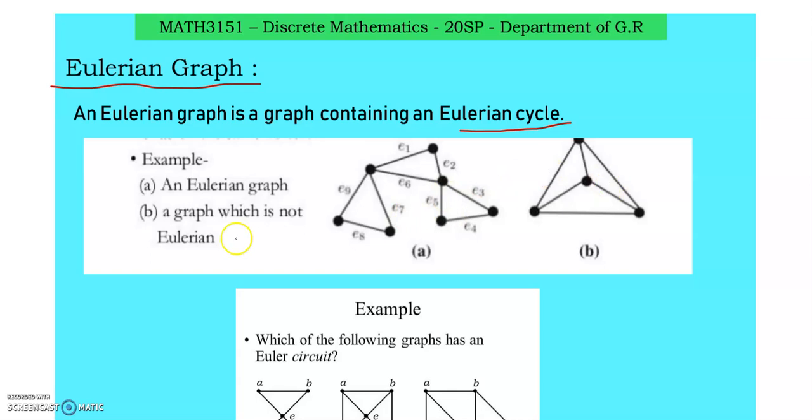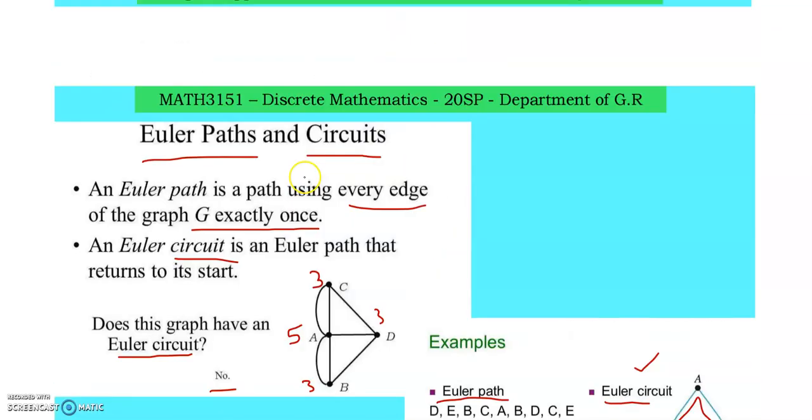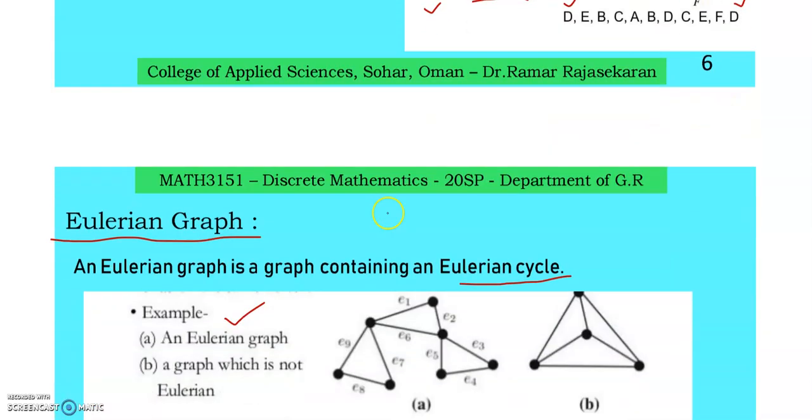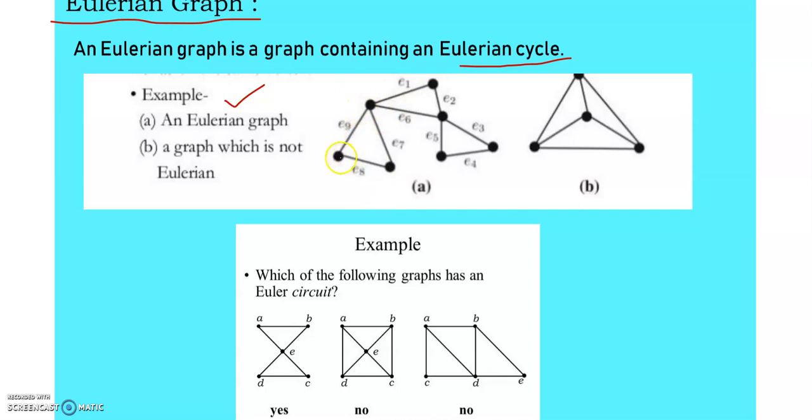Now you see the example. We have two graphs. The first one is Eulerian graph. The second one is not Eulerian. Eulerian graph means which has an Eulerian circuit. Now, what is the condition for an Eulerian circuit? If and only if each vertex has even degree. Here 2, 2, 4, 2, 4, 2, 2.